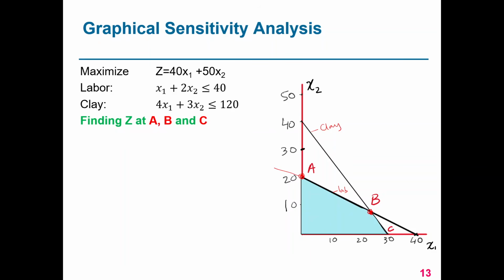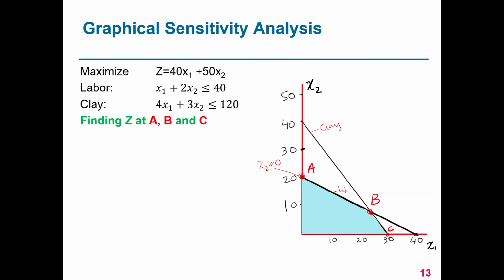As you can see, this axis is telling us that x2 should be greater than or equal to 0, which was one of our constraints. So this point A is found by the intersection of the labor constraint and the non-negativity constraint x2 greater than or equal to 0.